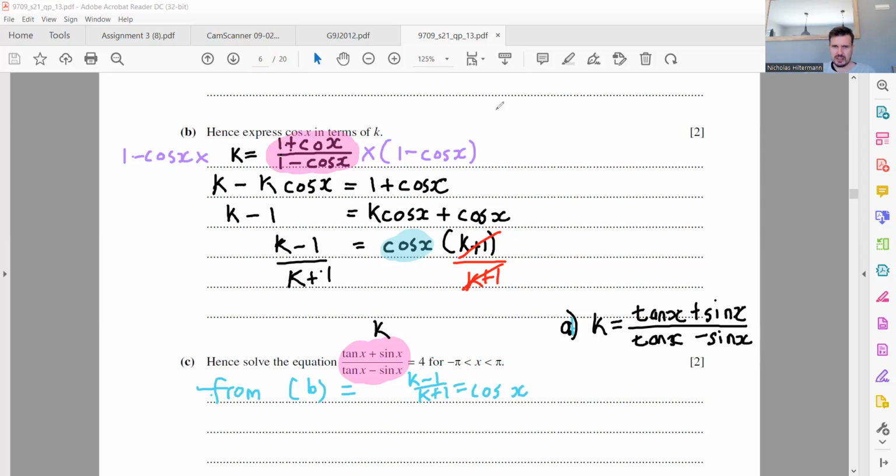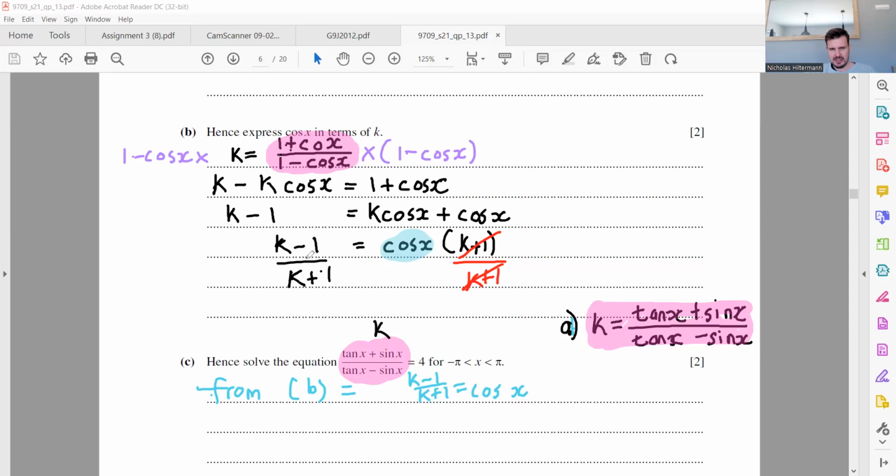Just know that when you have an A, B, C, D question, it's leading you through hoops, and the information that you've just solved is going to be used for the next question. So the fact that you know this from A means that you can write a k here.